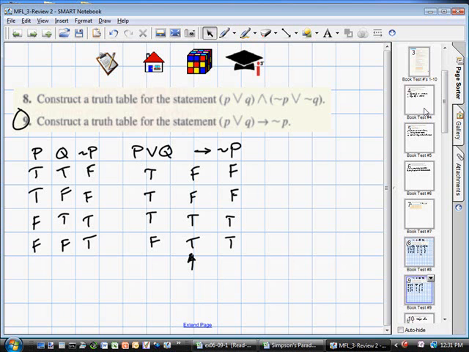Then I copied my not P column, and then I applied in the center here the rules for if-then. Only false when the first is true and the second is false. That one's false, that one's false, but the rest are true. So final FFTT. Makes sense?